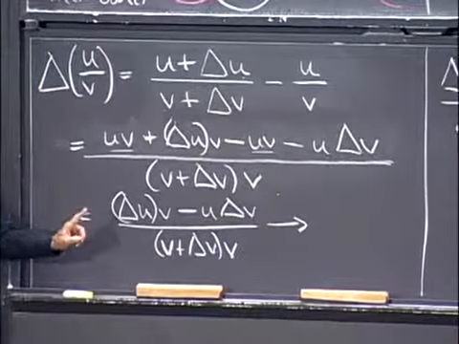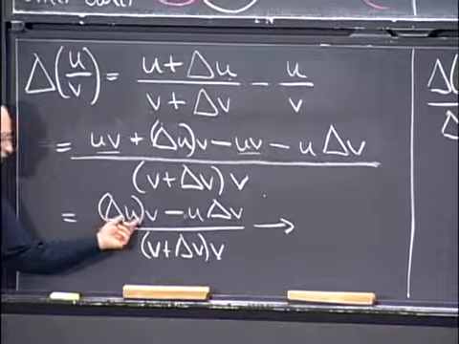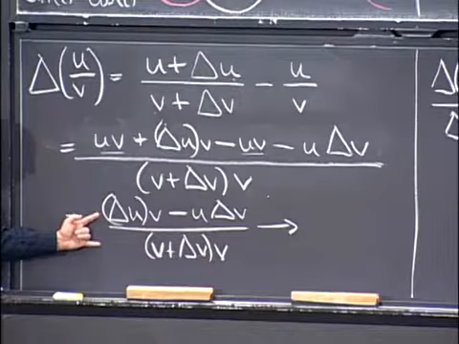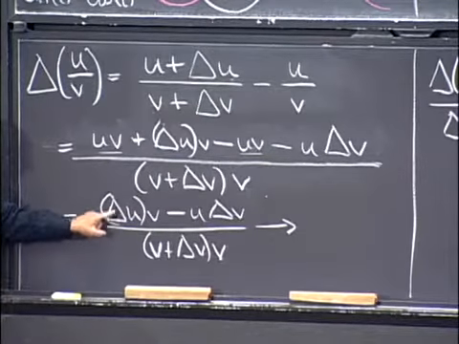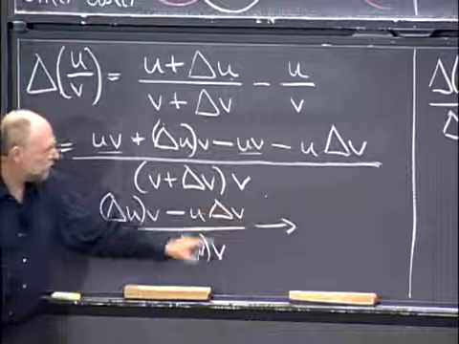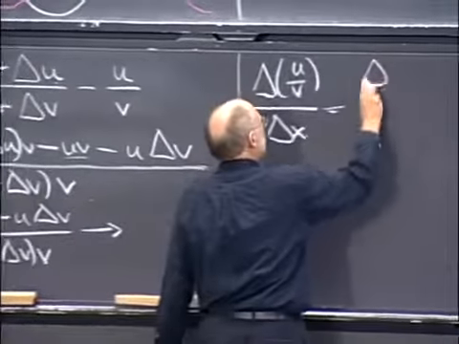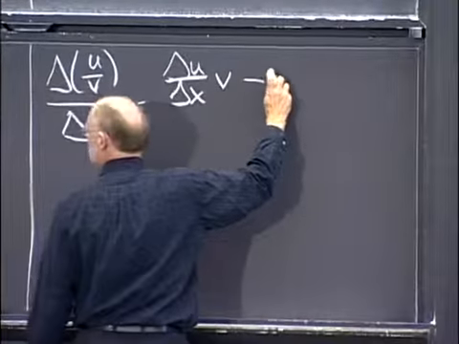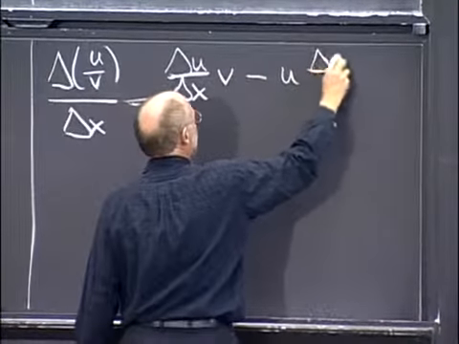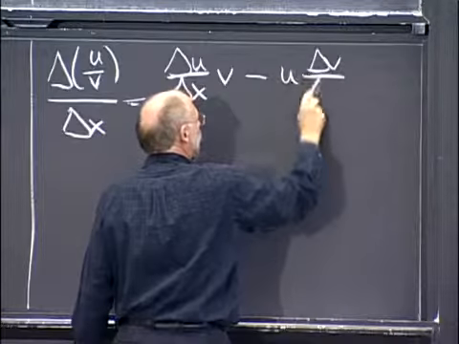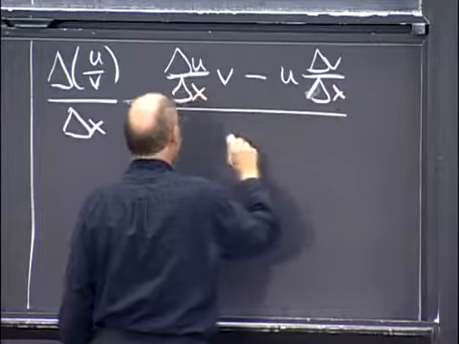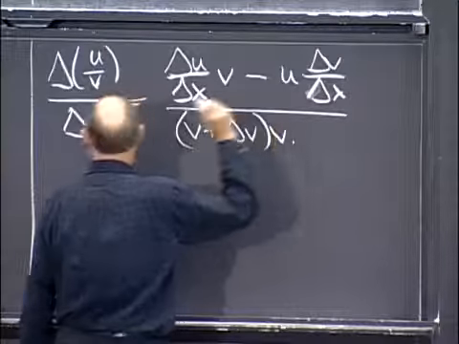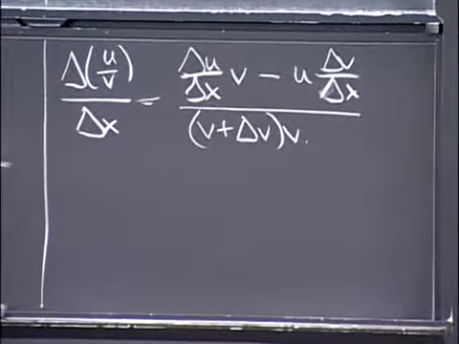And again, I'm going to put the delta x under these delta U and delta V, okay? I'm going to put delta x in the denominator, but I can think of that as dividing into this factor and this factor. So this is delta U over delta x times V minus U times delta V over delta x, and all that is divided by the same denominator, V plus delta V times V. Right?